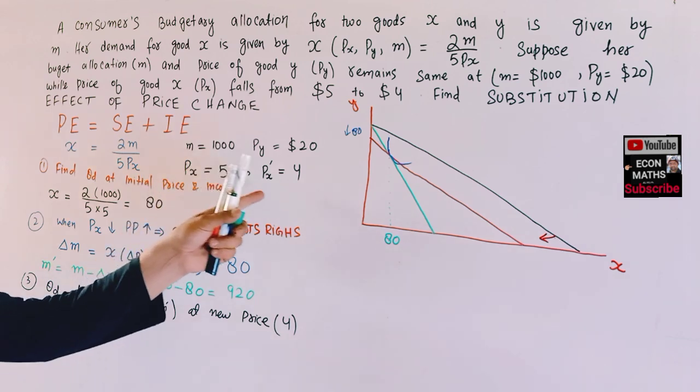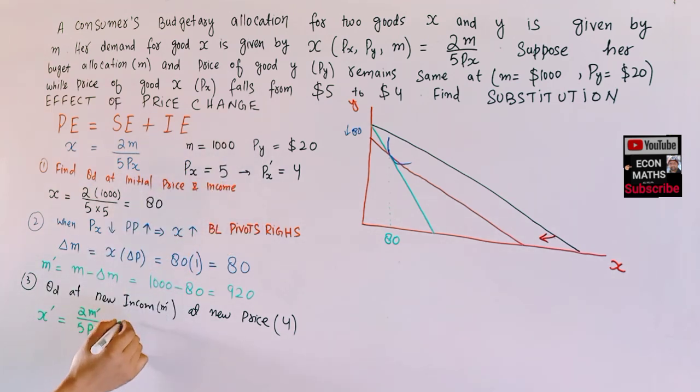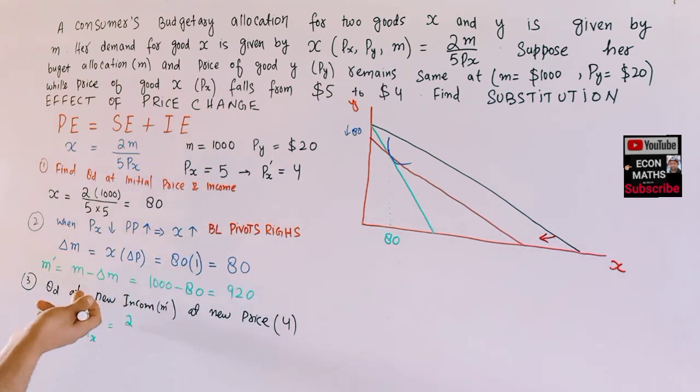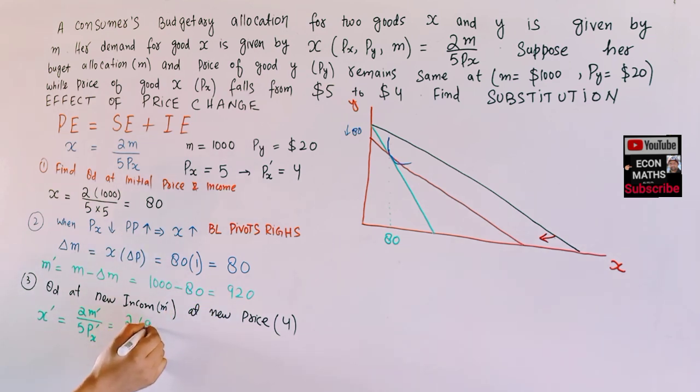The new price is 4, the new income we calculated is 920, so it is 2 times 920 divided by 5 into 4. So 5 fours are 20, and the 0 gets cancelled.